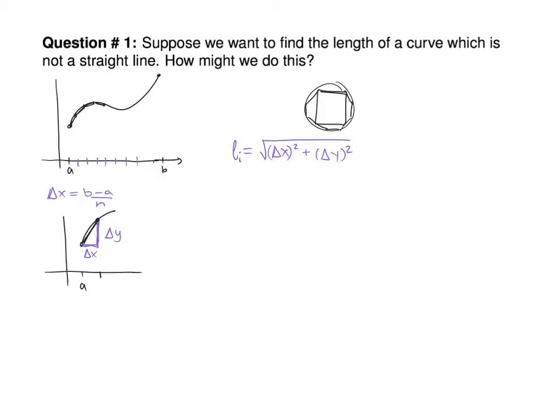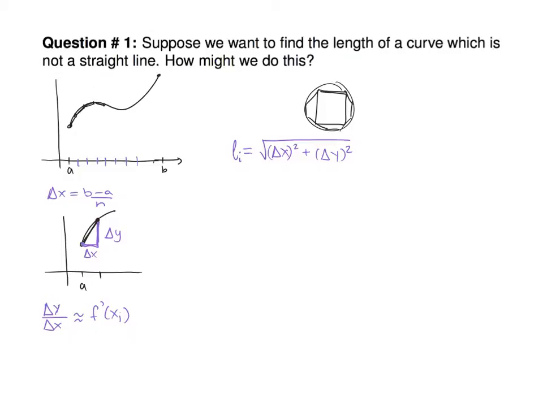So here's how you do it. You know that delta y over delta x is about equal to what thing from calculus 1? The derivative. As in, it's about equal to the slope of the tangent line, because you have a really small interval.